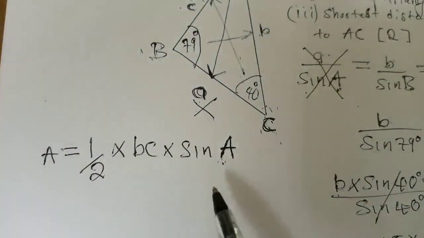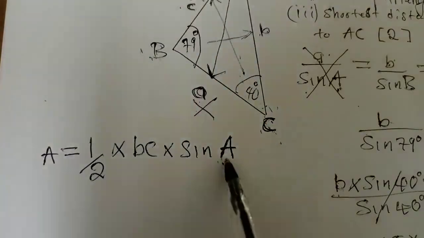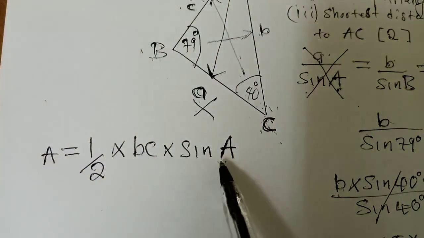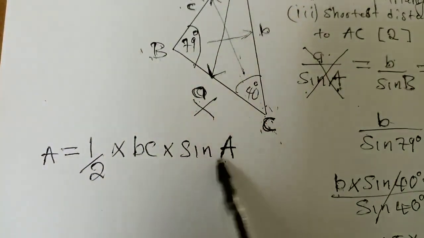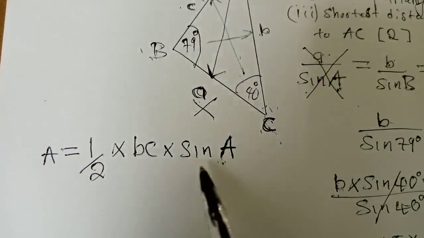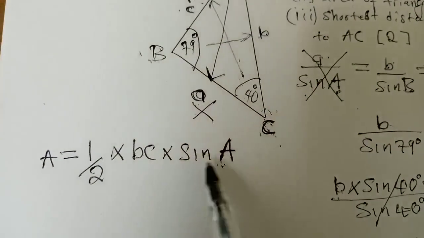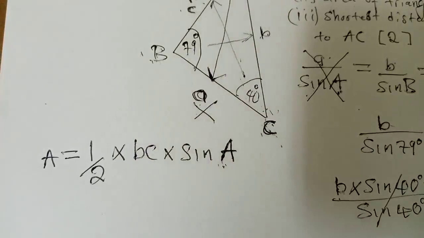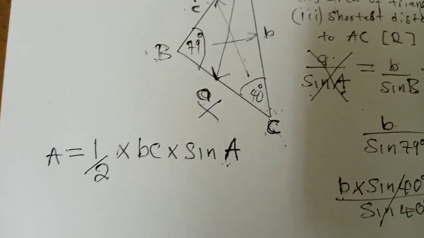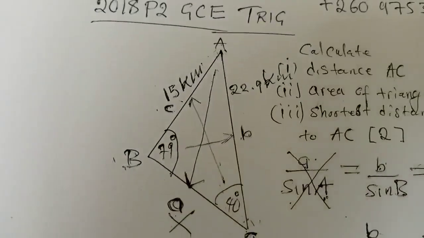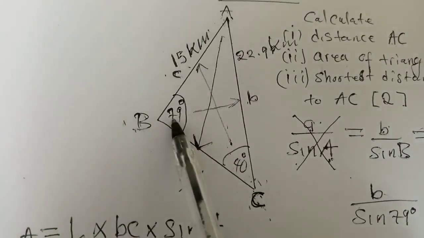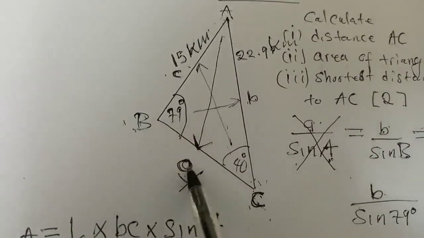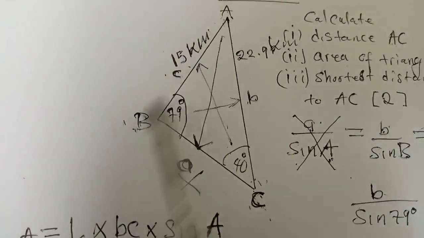You need to be careful on this one. So I said in the previous video that this A, the angle you put here, is any angle that is surrounded by 2 distances. It can be this angle, surrounded by this distance and that distance.